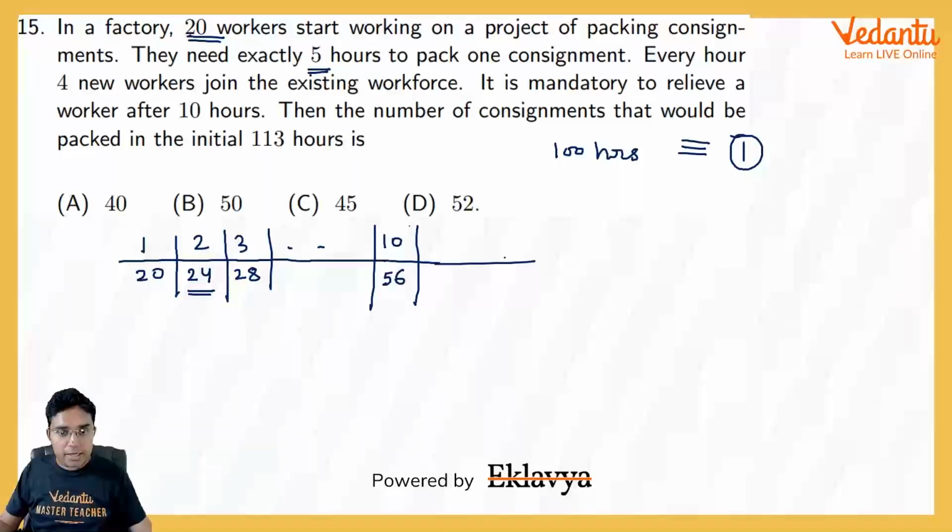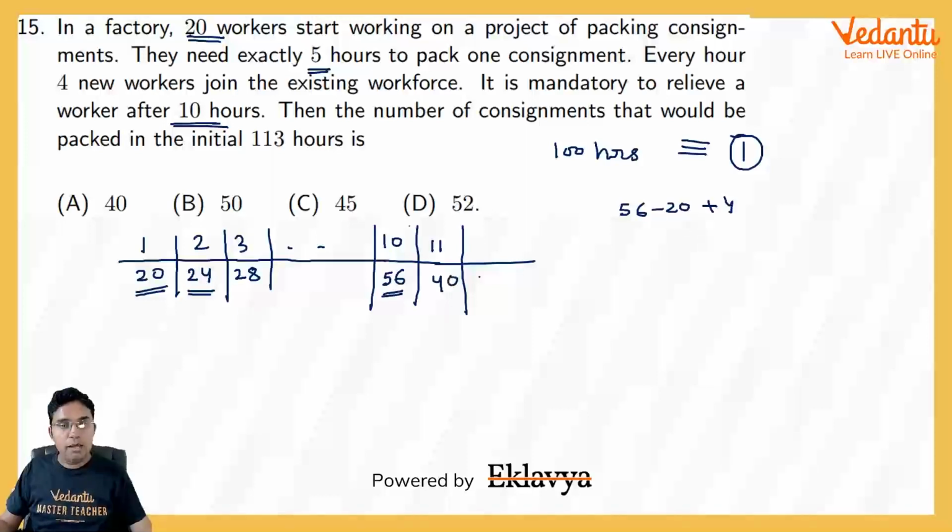But after 10, there is one very important thing. In the 11th hour, because those 20 workers which are working from the beginning, they have completed their work hours, so they have to be relieved. So in the 11th hour, these 20 workers will leave, but 4 more workers will join. So 56 minus 20 plus 4, that is 40 workers will be working in the 11th hour.